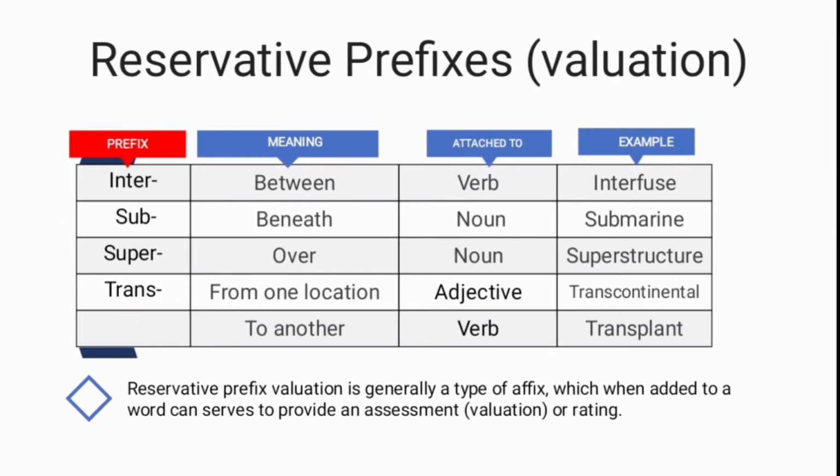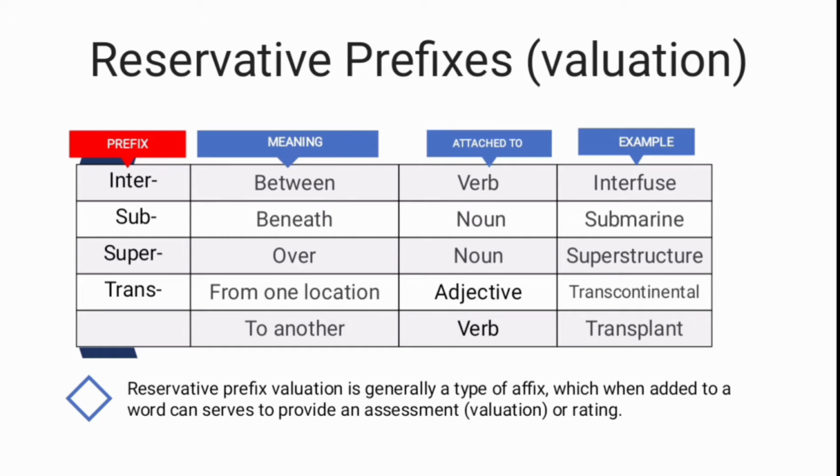Reversative prefix valuation. Reversative prefix valuation is generally a type of affix which, when added to a word, can serve to provide an assessment or rating. For example, prefix "inter" in the word interview, prefix "sub" in the word submarine, and prefix "trans" in the words transcontinental and transparent.